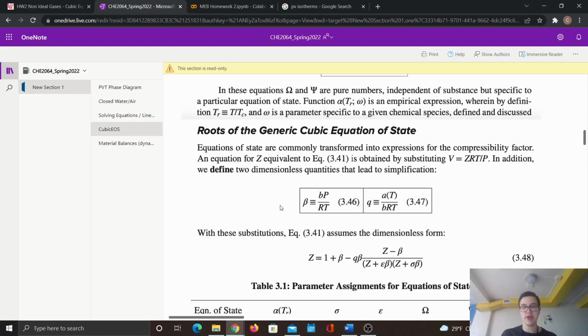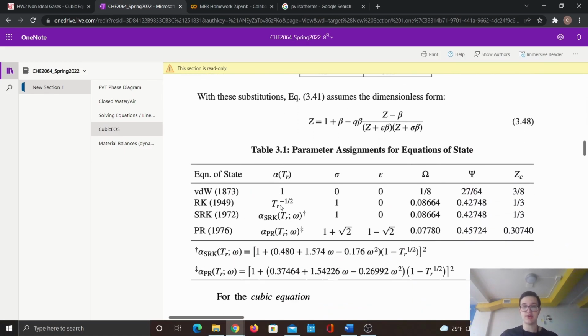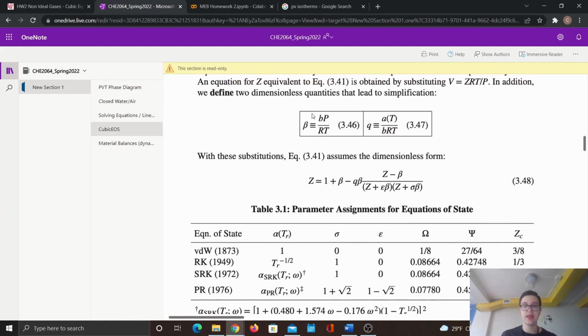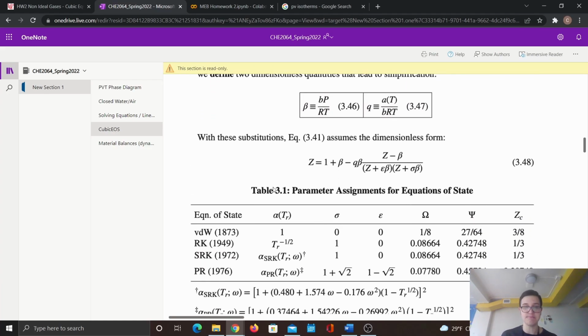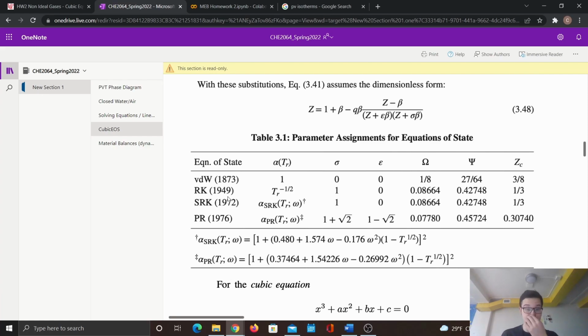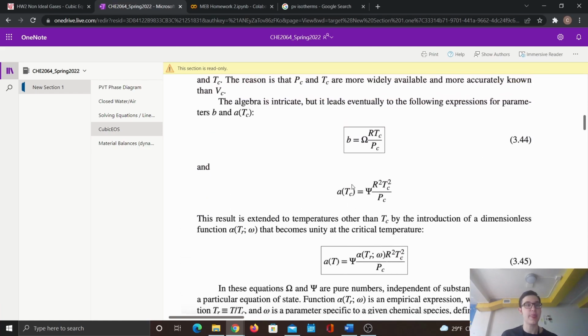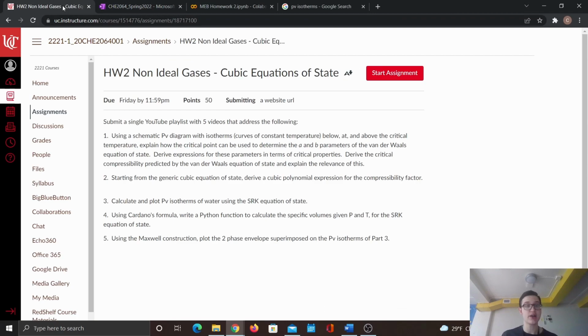TR is the temperature divided by the critical temperature. So we also have here an equation for alpha given for the SRK equation of state, value for sigma, value for epsilon, value for omega, value for psi, etc. So we're going to be using those to create a code for this.